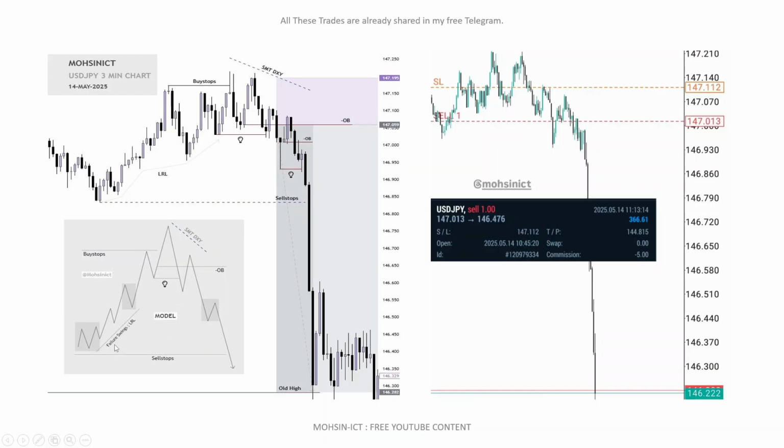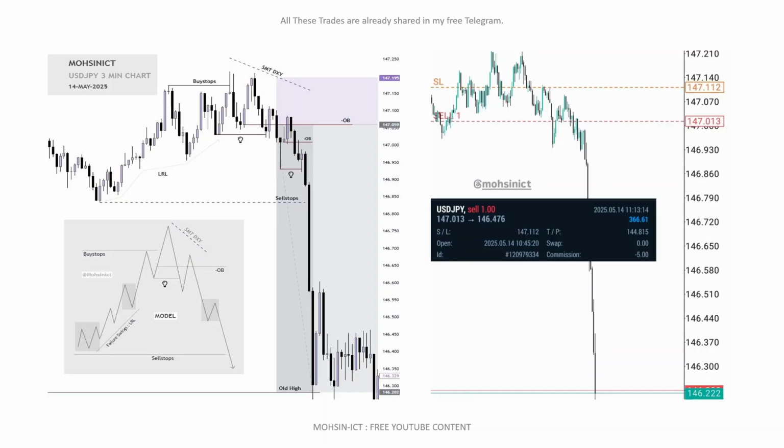You can see I even drew all the failure swings and the market structure shift with this SMT. After price has taken some buy side liquidity, we are looking for an old low or old high as our draw on liquidity right here. You see? And these failure swings, that is low resistance liquidity.